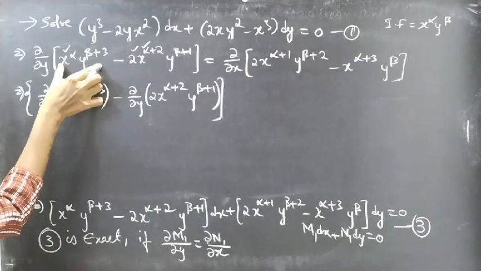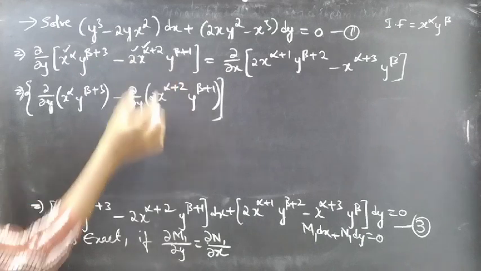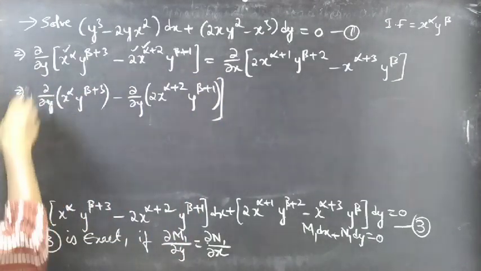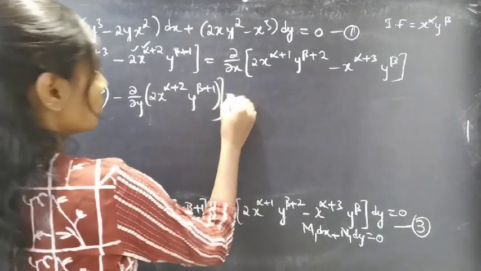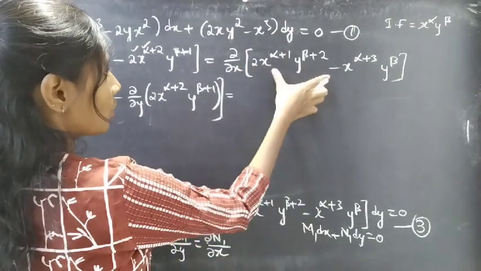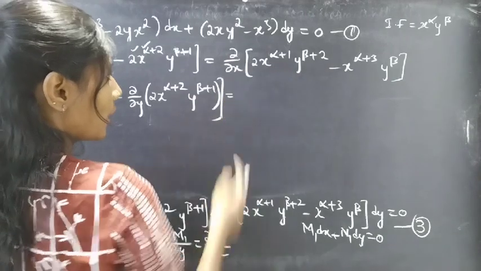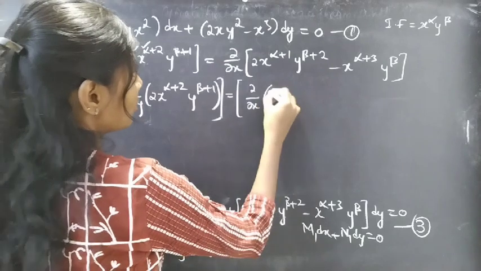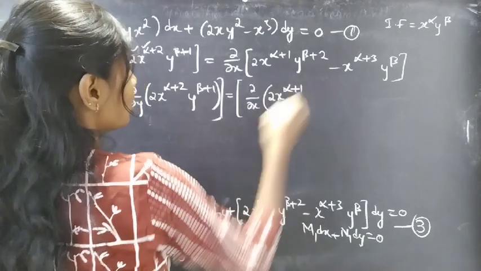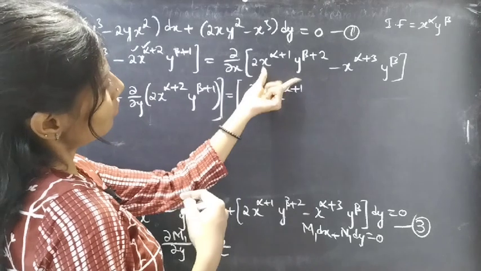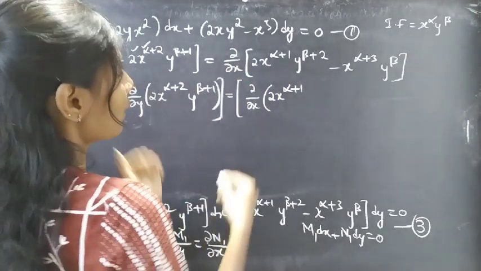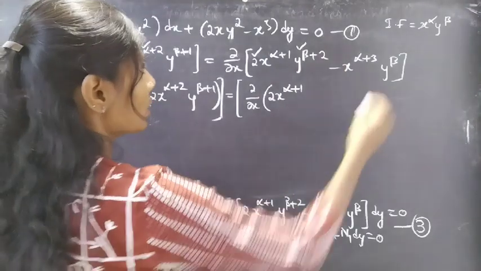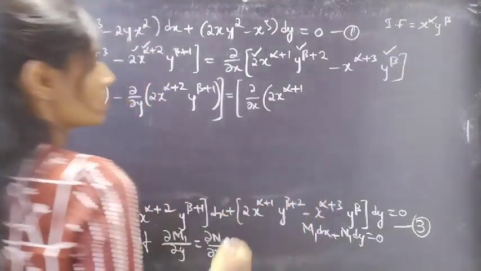Partial derivative of the first term with respect to y minus partial derivative of the second term with respect to y equals ∂/∂x of the first term. Here we need to find the partial derivative of these terms with respect to x, so y is treated as constant. Here 2 and y^(β+2) are constant, and in the second term y^β is constant, okay?